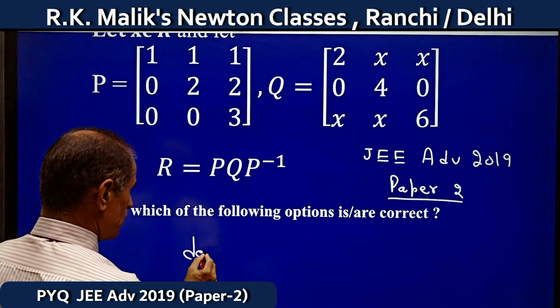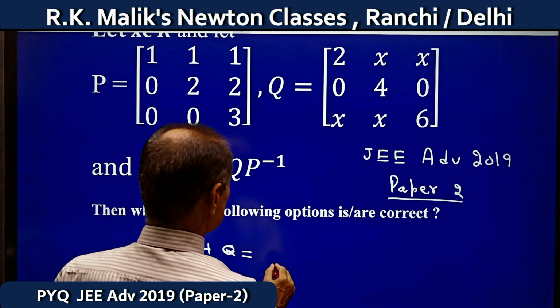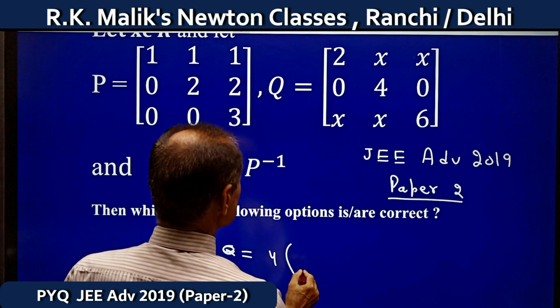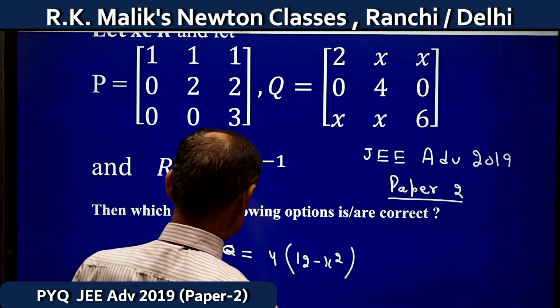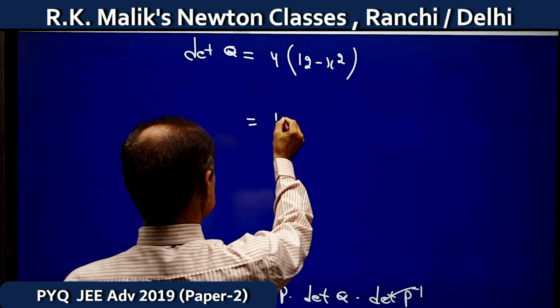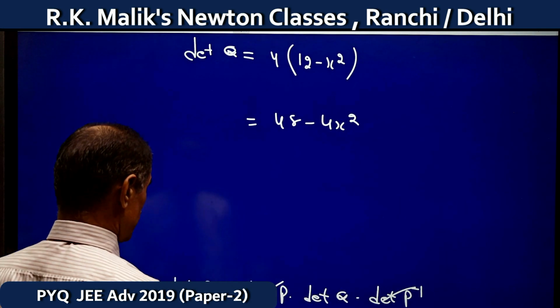Clearly, determinant of Q will be equal to 4 into 12 minus x square, that is 48 minus 4x square.